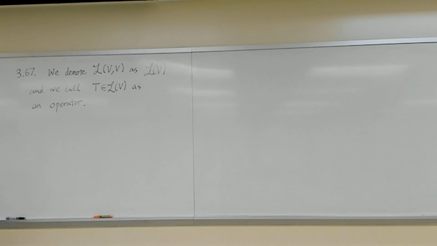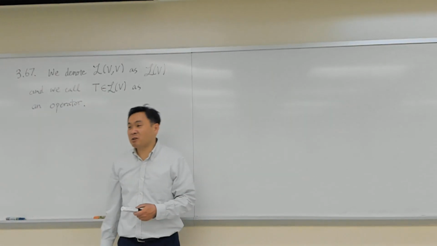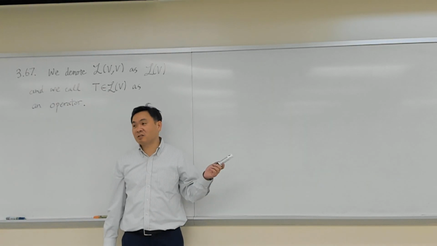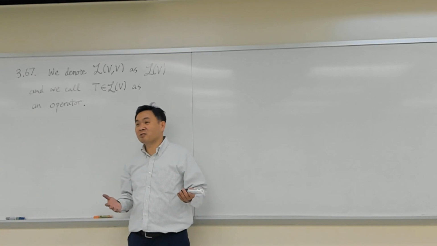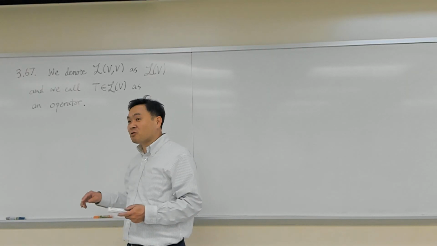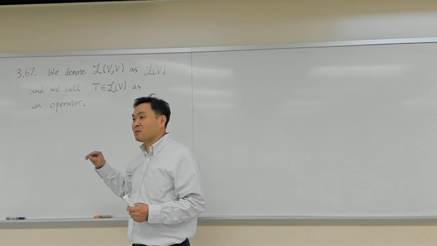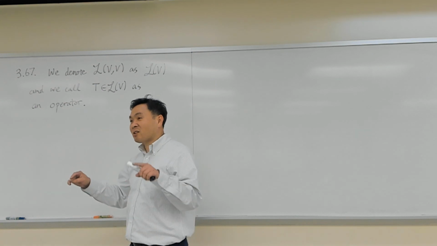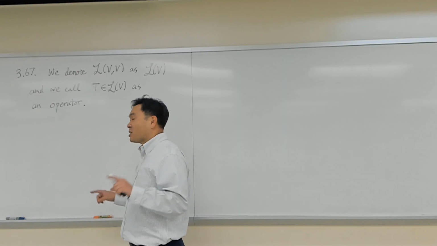So a linear map is a function between two vector spaces which satisfies additivity and homogeneity. That's what a linear map is. But if that linear map happens to be a function where the domain and target are the same, in that case, you call that an operator.